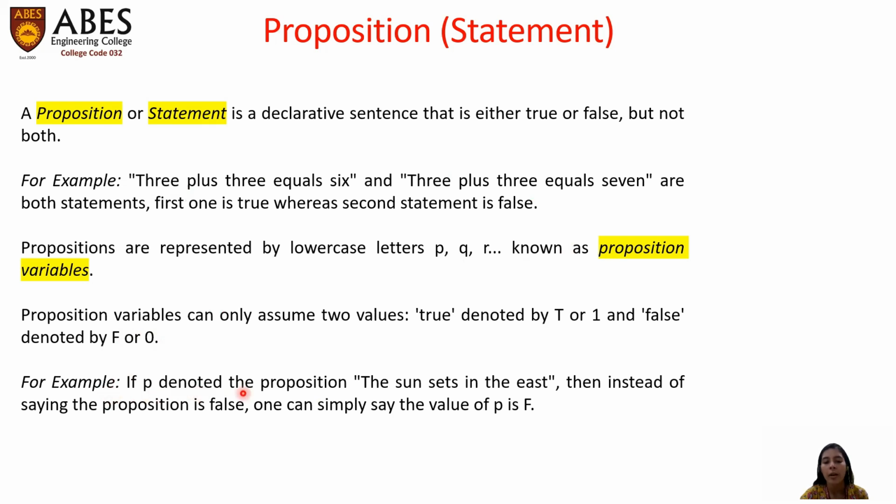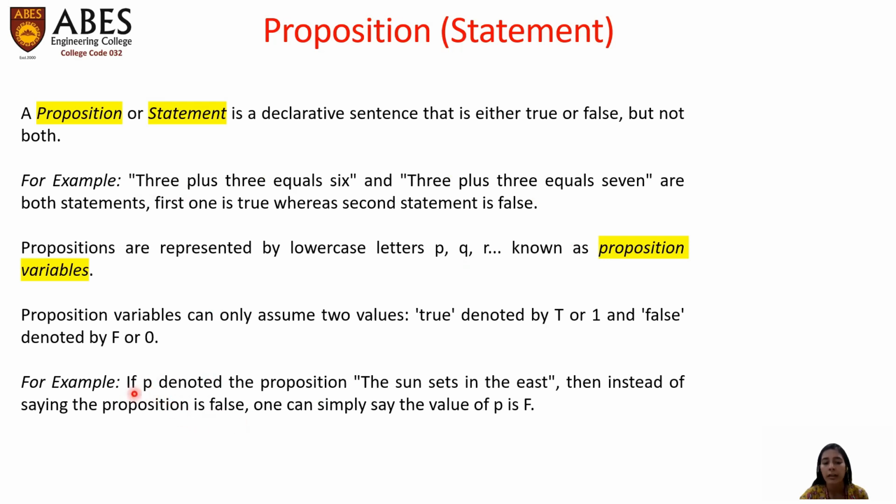If we have a proposition like the sun sets in the east, and we have denoted this proposition with the proposition variable p, we can say that p is true or p is false. But we know that the sun sets in the west, so the proposition is false.